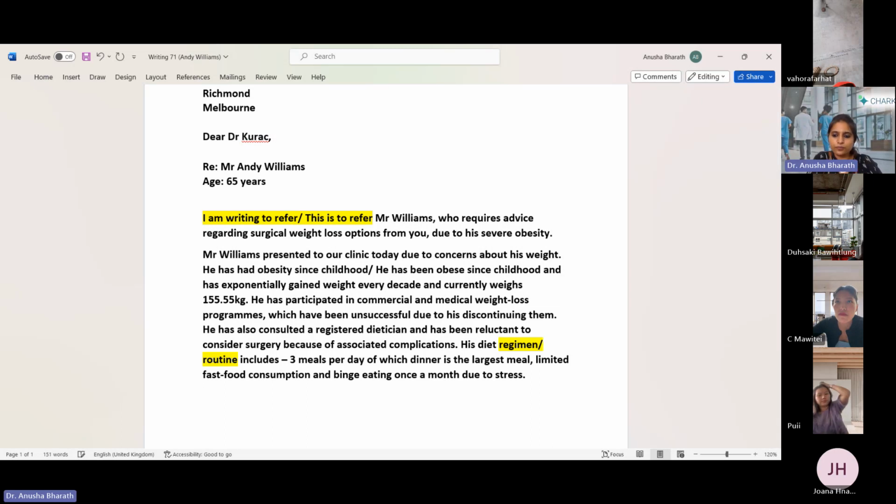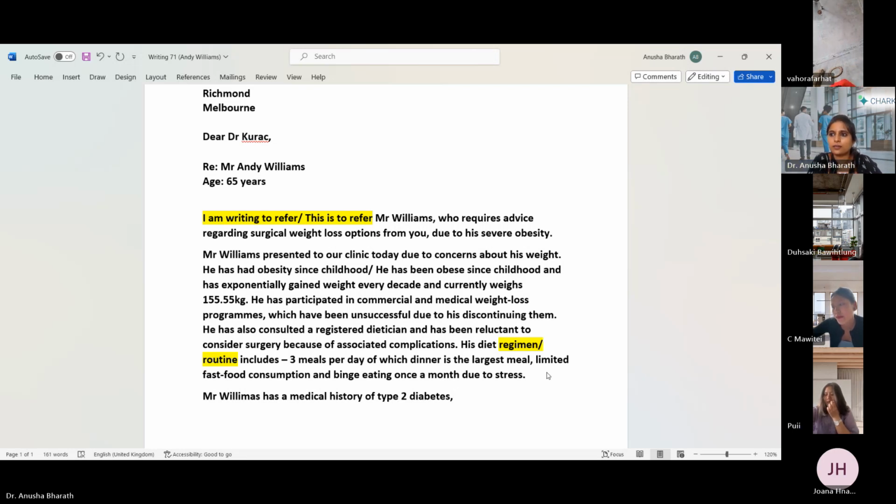Third paragraph, past medical history. Mr. Williams has a medical history of Type 2 diabetes, comma.